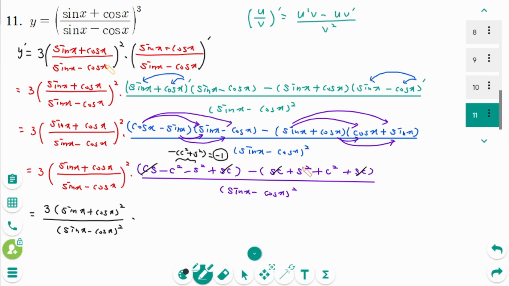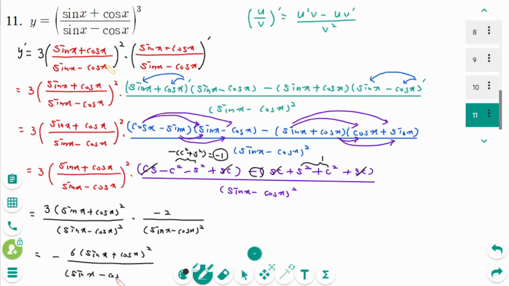And this one is another minus 1. So minus 2 over sin x minus cosine x squared. Then the final answer is minus 6 sin x plus cosine x squared over sin x minus cosine x to the power of 4.